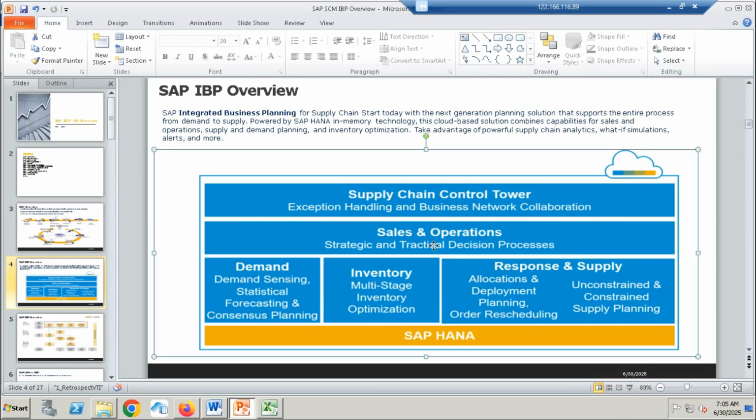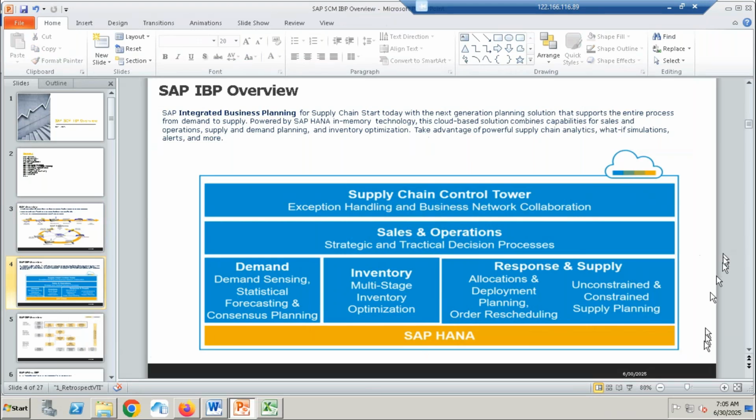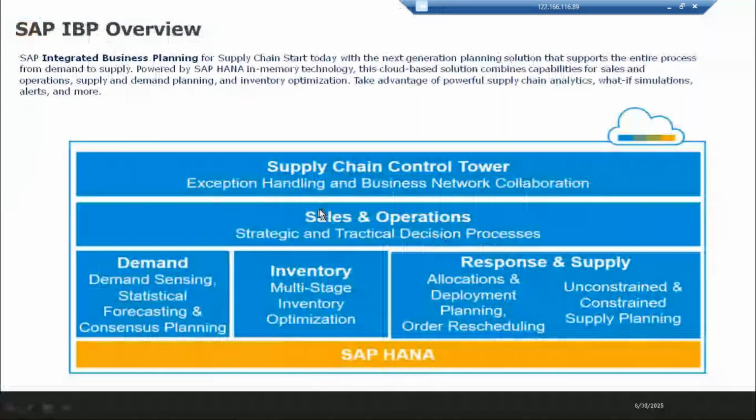This is a lighter version of demand planning and supply planning, because some small companies want to implement SAP IBP but don't have much budget, and they don't need all the features or functionalities. Then they can go with the sales and operation planning license to manage their demand and supply planning process.